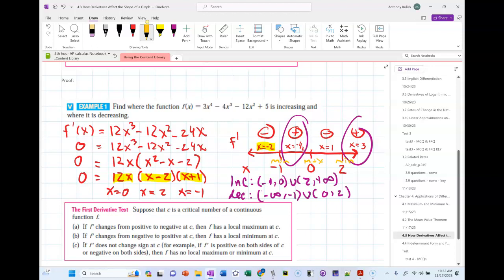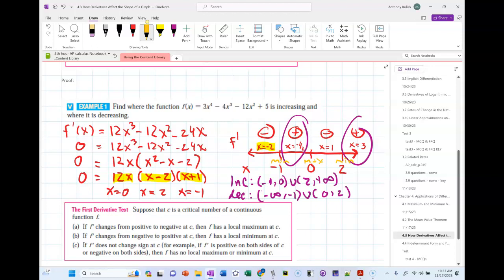What we did here relied on us having found all the critical values. Because if you're doing test values in between and you don't know that you have all the critical values, you can't make the conclusion that, oh, I know the graph with one test value, I can tell everywhere on that interval is going to be positive or negative. Can't do that unless you know you have all the critical values.